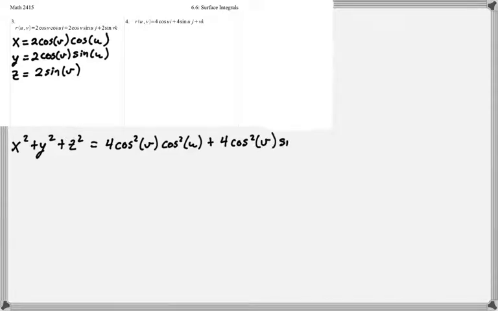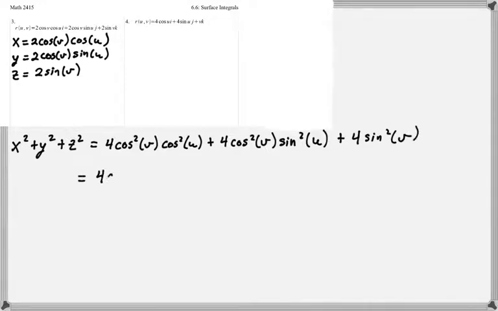So let's go ahead and take a look at what x squared plus y squared plus z squared is going to look like. So it's going to be 4 cosine squared v cosine squared u plus 4 cosine squared v sine squared u plus 4 sine squared v. Okay.